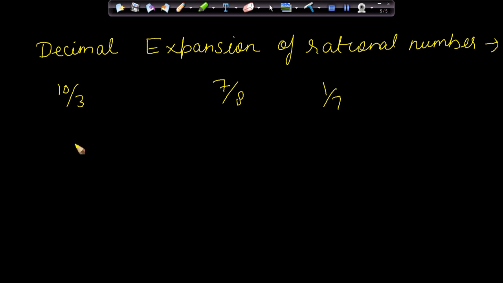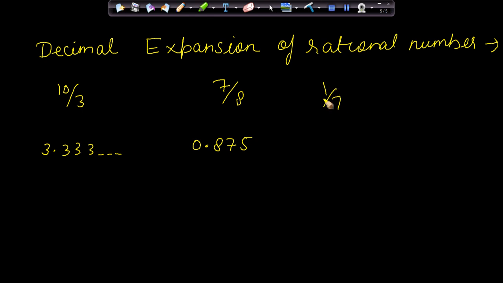So if you divide all these, if you find the decimal expansion of 10 by 3, what you will find is 3.333, something like this, repeating forever. Okay, if you expand this 7 by 8, then you'll find 0.875.